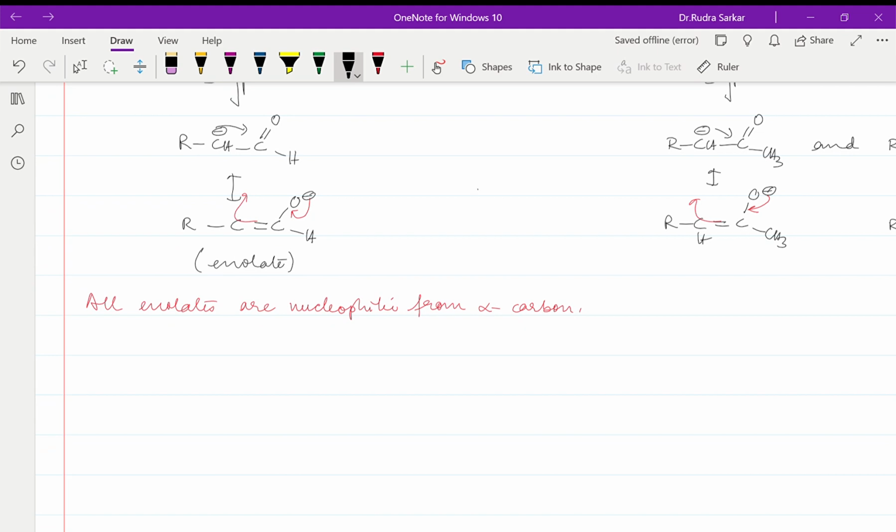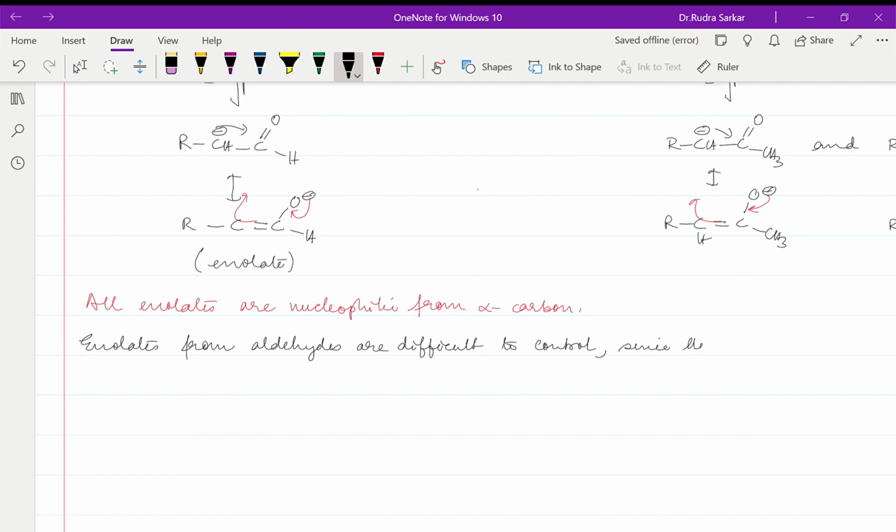Now it must be noted that enolates from aldehydes are difficult to control. Why so?